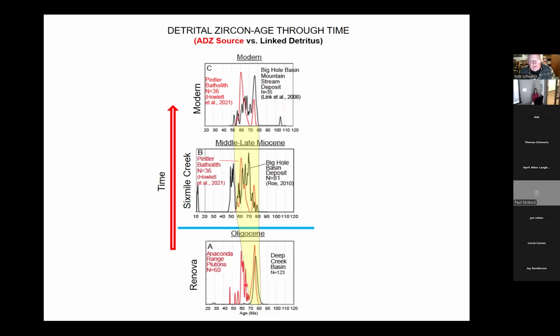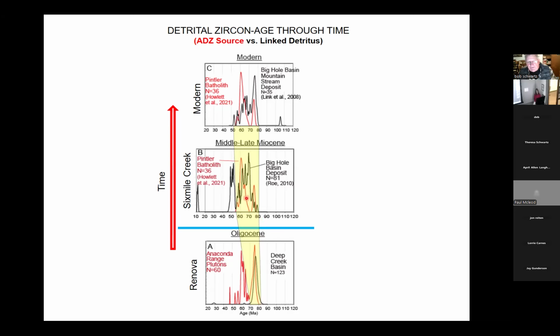And let's compare the distributions through time. So we're starting out in the Oligocene here. Deep Creek Basin. The width of this bar shows the span of detrital zircon ages in black from this longer red plot. Here's a span of detrital zircon ages, which are present in the Oligocene.